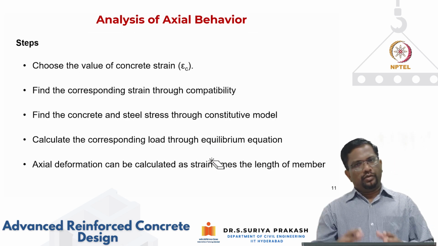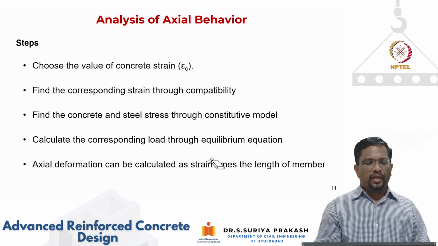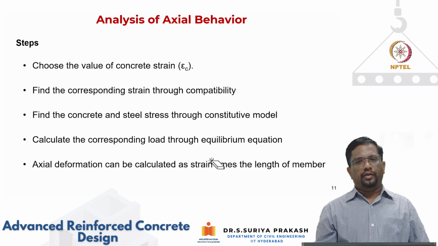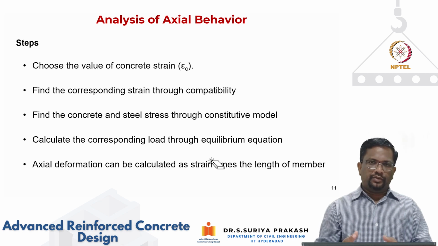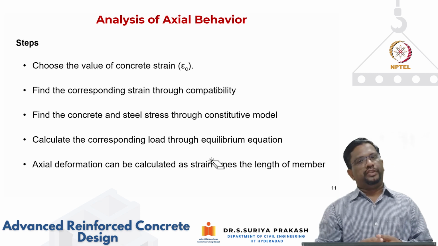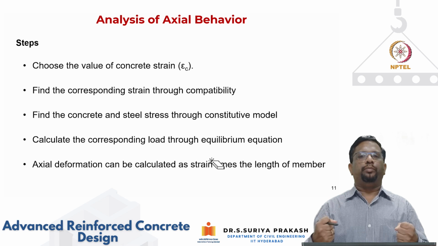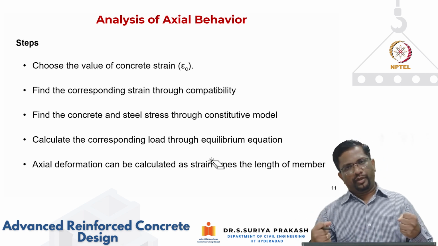Right. So if I want to plot this axial load deformation behavior, how do I go about it? If your section details are given, if your member length is given, and if you also know the amount of steel, and here only the longitudinal bar is going to help in resisting the applied load.